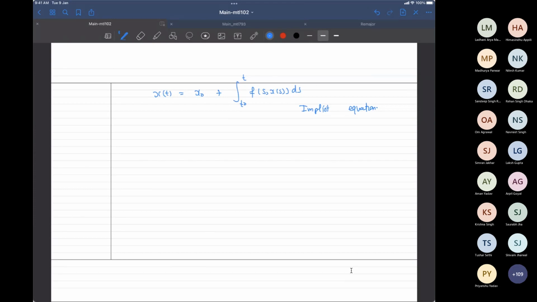Note that the solution of this equation will be a function x(t), and the dependence is a little bit tricky in a way that x at time t depends on all the values of x up to time t. So it's a kind of implicit dependence. Now the way to solve these kinds of things is something called the fixed point method.